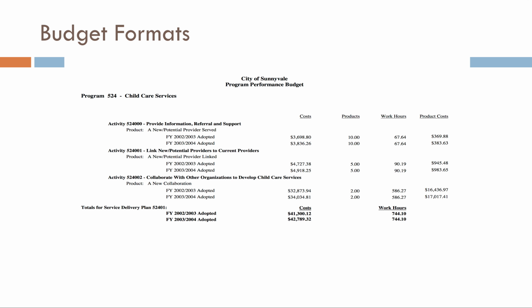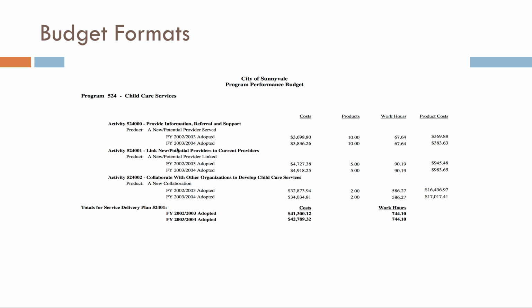Here's an example of a program budget, or rather a performance budget. And here you can see over to the left, my left, where they have performance measures, if you will.